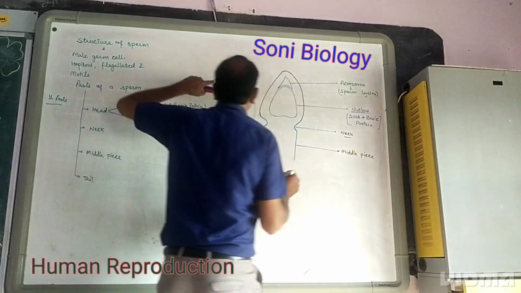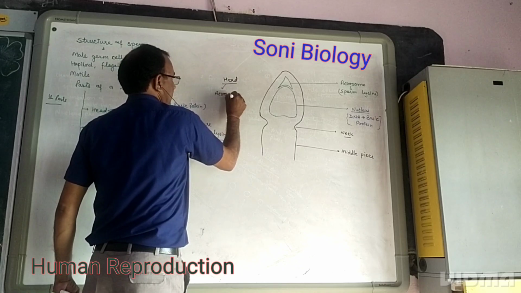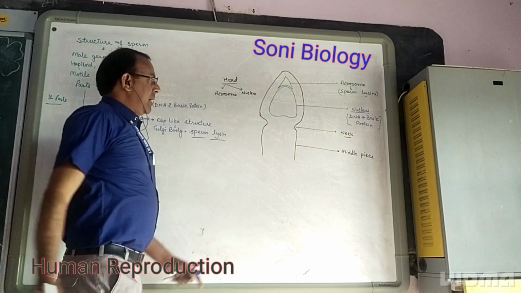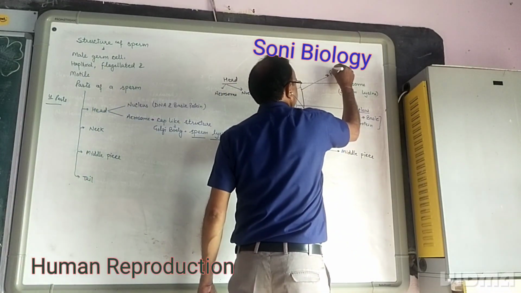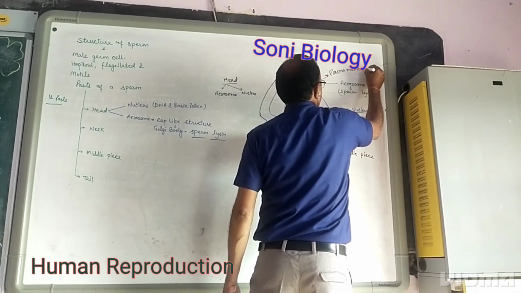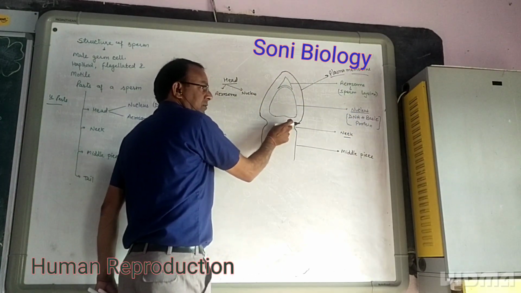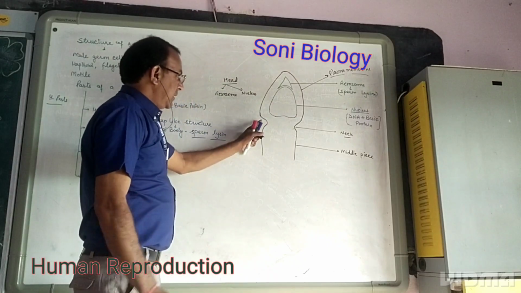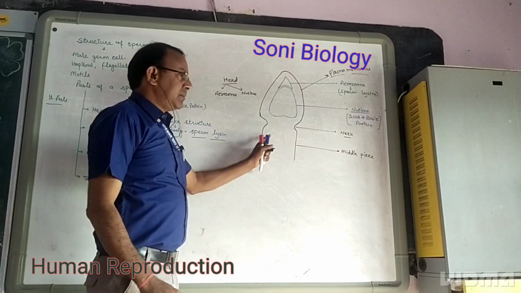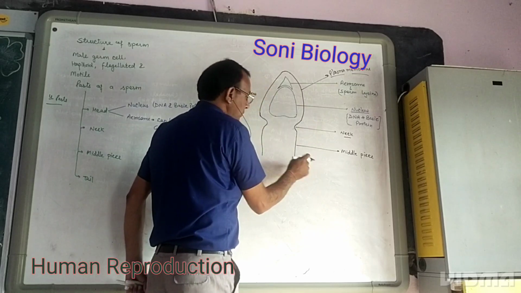So we have studied the head. A head consists of the acrosome, a cap-like structure, with the nucleus. The plasma membrane covers the whole body of the sperm. After the head, the plasma membrane shows a small depression; this zone is called the neck. After the neck, the plasma membrane swells up again, but not equal to the head.